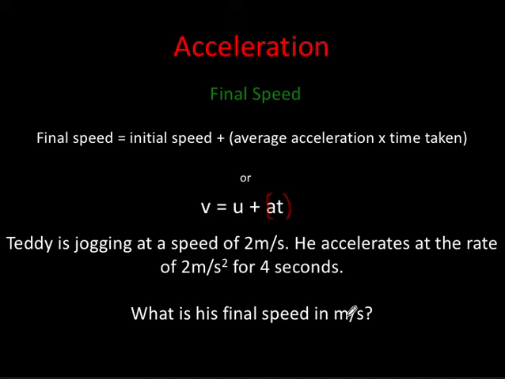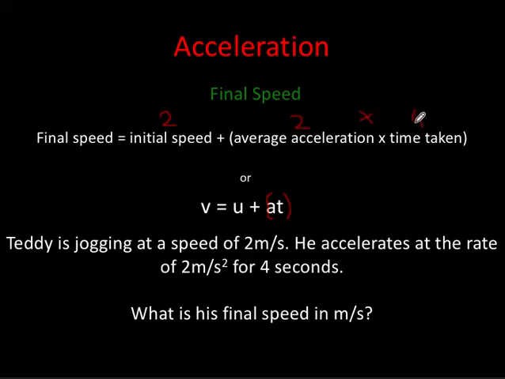Assuming you've paused the video, let's now plug the numbers into the equation and see what we get. So initial speed is 2 meters per second here. Accelerates at a rate of 2 meters per second squared, average acceleration here, multiplied by the time taken, 4. So we want to do this first.